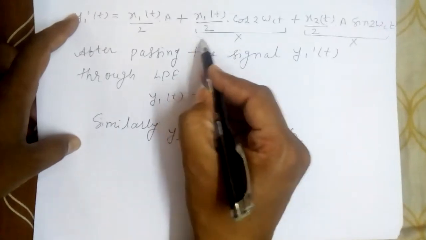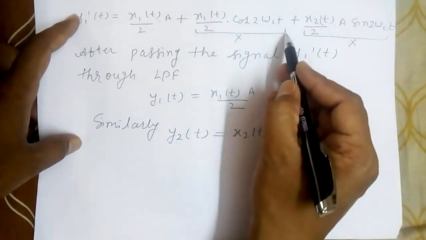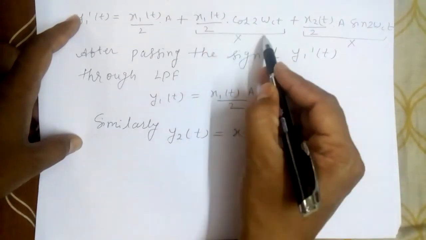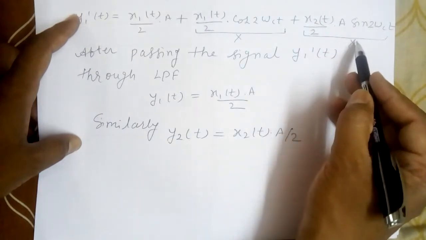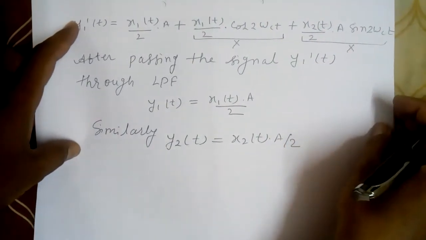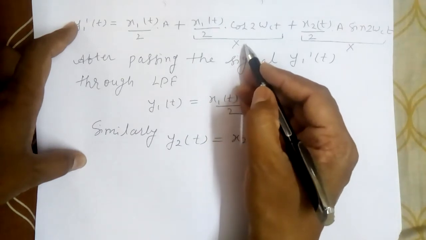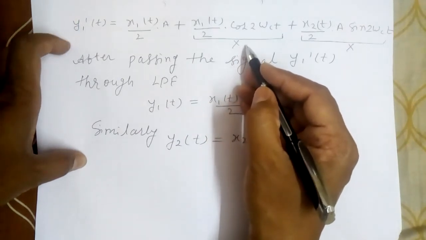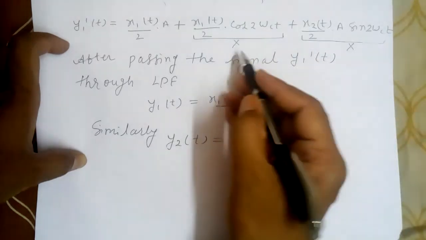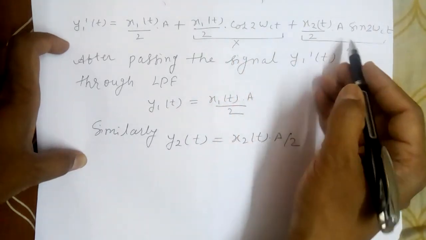So here these higher frequency terms, that is second term and third term, can be bypassed by passing the signal through a low pass filter.